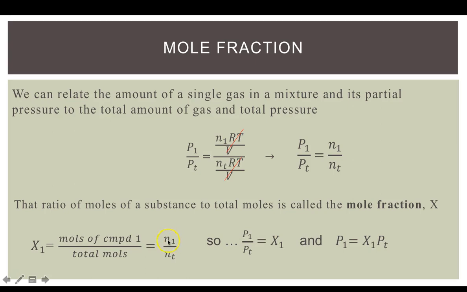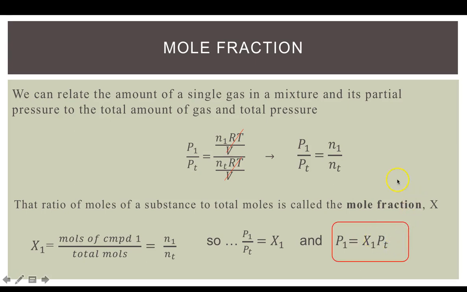If we know N1 over Nt equals chi, then this converts to P1 over Pt equals chi. Let's isolate it. If we're looking for just the partial pressure in a mixture of gases associated with compound 1, we get rid of Pt and throw it on this side of the equation. So the partial pressure of component 1 equals chi sub 1, the mole fraction of component 1, times the total pressure.